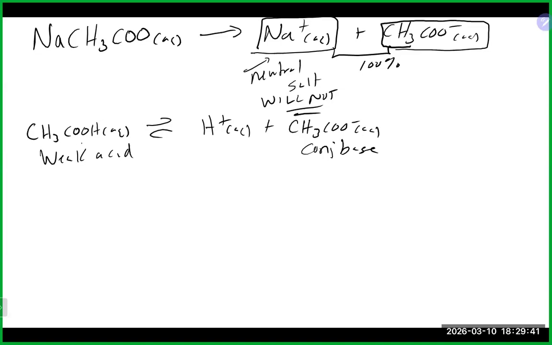If it comes from something weak, it's going to be opposite, which is strong. So this is going to be a strong conjugate base in the sense that it will react, yes, with water. So because acetate here came from a weak acid, we know that it will react with water.